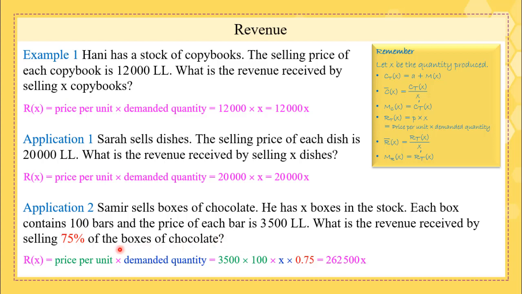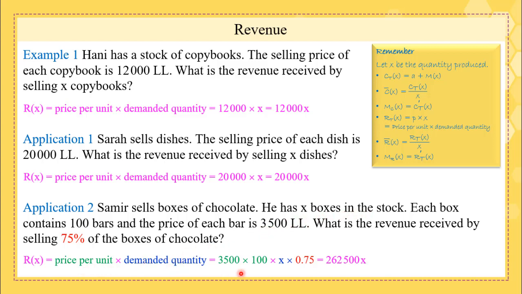First, we write the rule of the revenue. R of X equals price per unit multiplied by the demanded quantity. Now, the price per unit is the price for each box. Hence, the price per unit is the price of each bar of chocolate times 100. X is the number of boxes. So, the price per unit is 3,500 times 100.